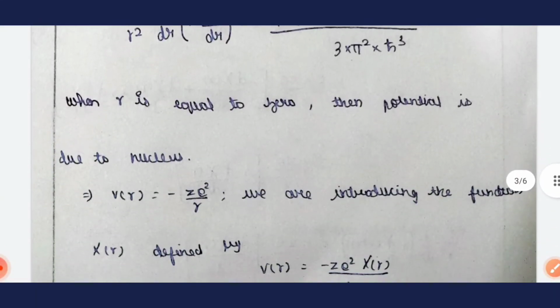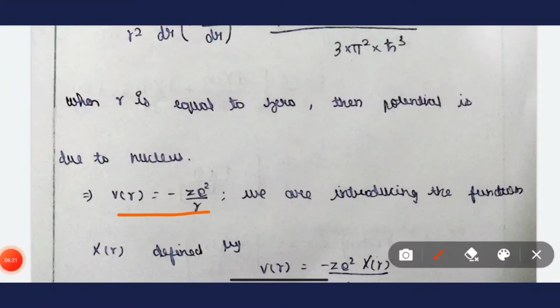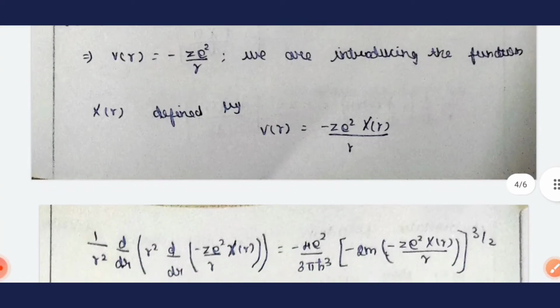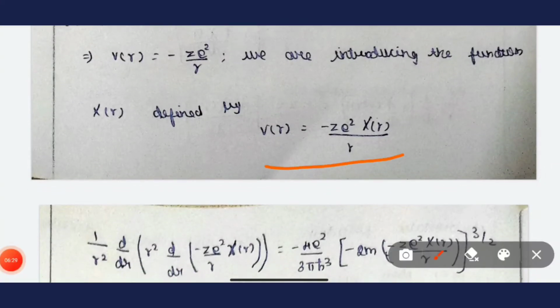So when r is equal to 0, the potential is due to the nucleus. The potential due to the nucleus can be written as v of r equal to minus z e square divided by r. We are introducing the function chi of r defined by v of r equal to minus z e square chi of r divided by r.